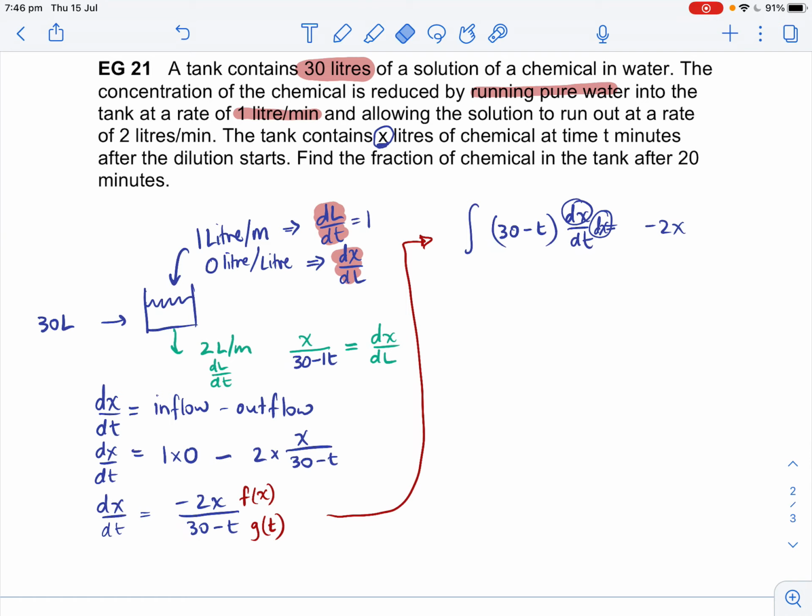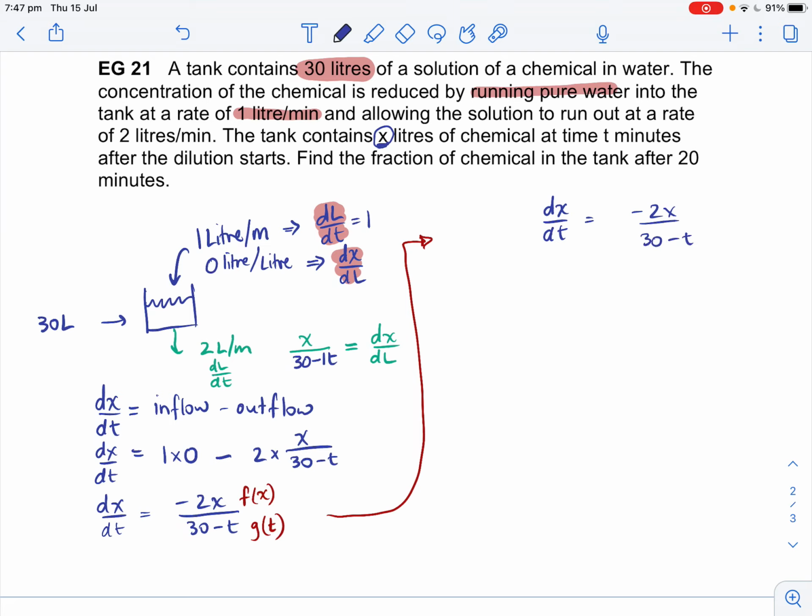So when I've separated my variables, I've moved the t to the left-hand side. What I actually needed to do is rewrite that expression again. dx/dt equals negative 2x over 30 minus t.